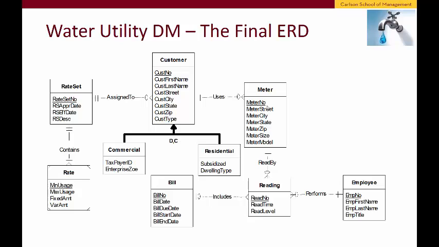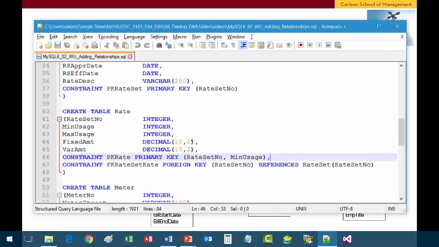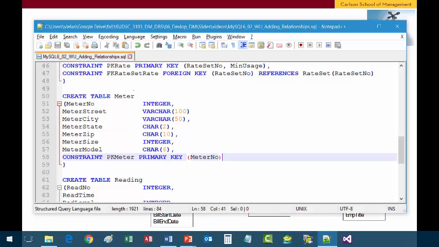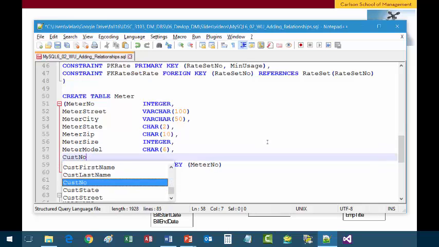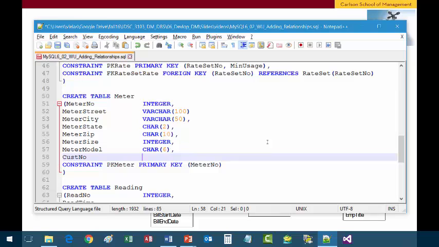So switching to the code, we go into the meter table, right here after meter model, and insert cust NO, that is the integer not null foreign key.